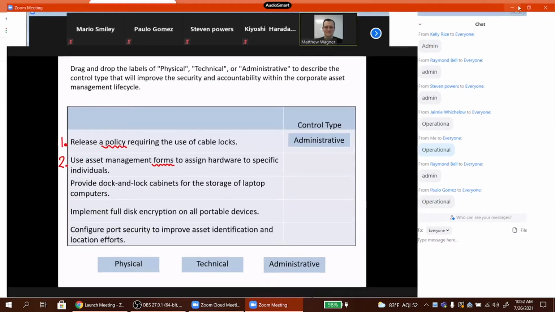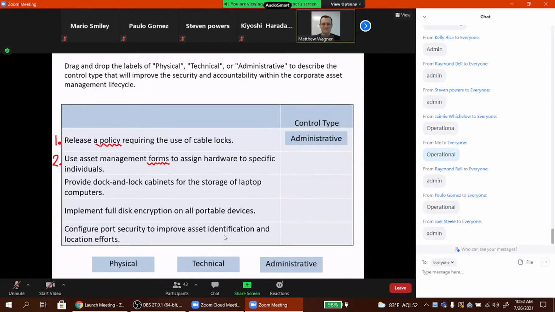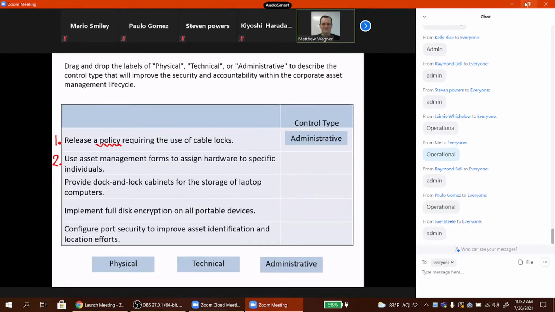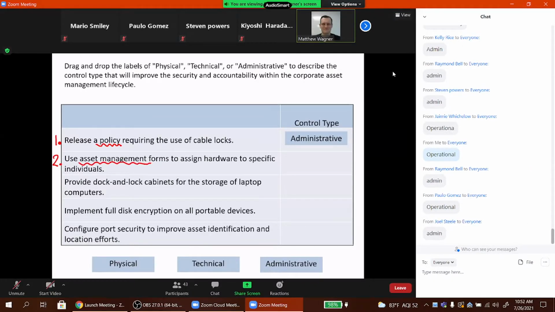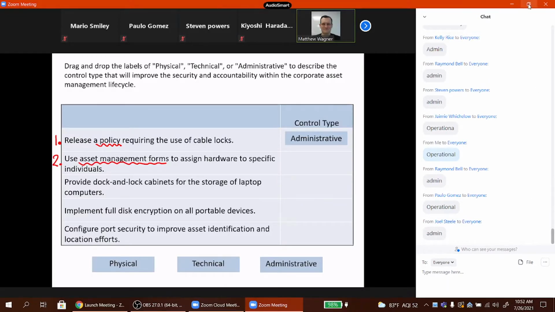But certainly having forms that were used to assign hardware sort of governs how people act. If I am forced to use a form in order to sign out a laptop, it definitely tells me, hey, I'm responsible for this laptop, and sort of enforces a bit of a company policy upon me, or at least an expectation as to how I might want to manage this device.